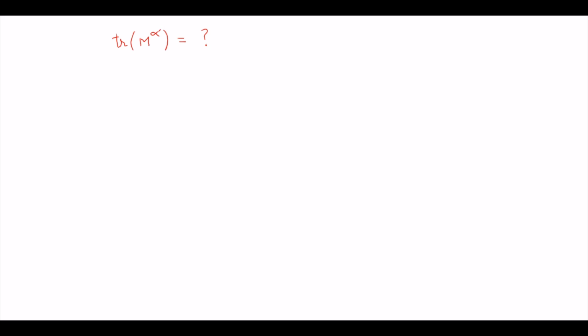We know that P inverse M P is equal to D. So let us multiply P inverse M P into P inverse M P, two times. What will I get? D square, correct?